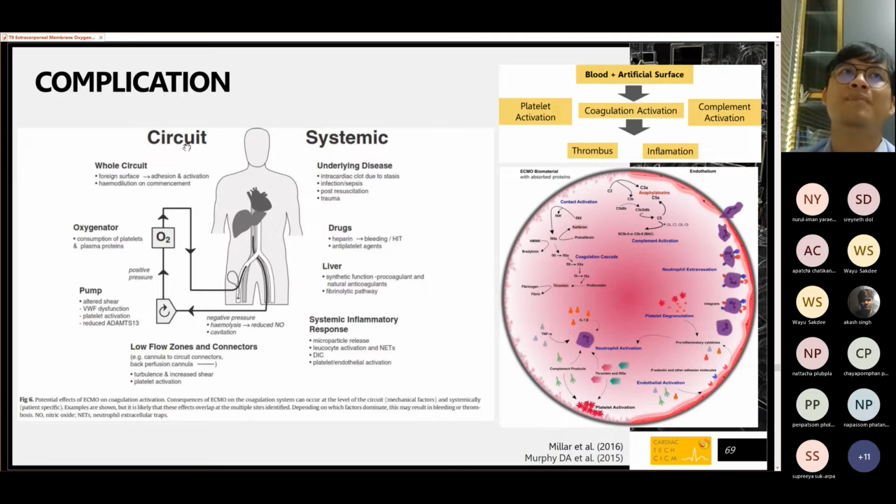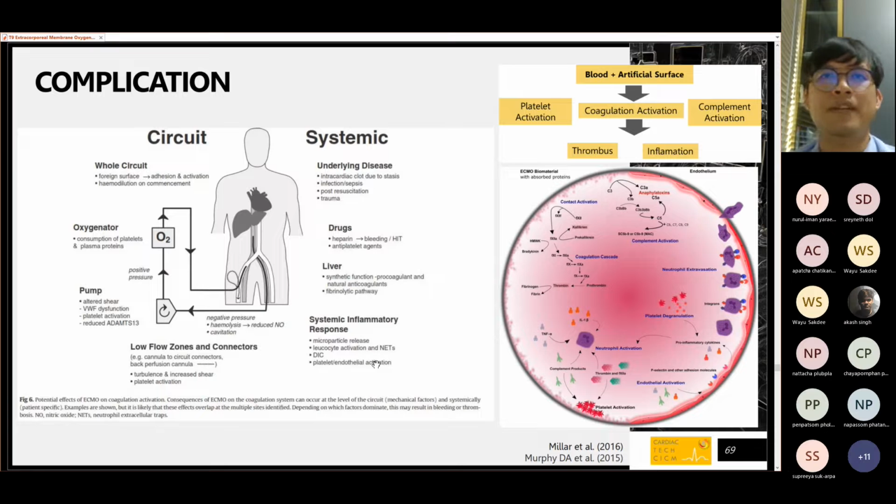Also, we have support by both circuit and systemic effects. The patient has underlying disease before being put on the ECMO. The kidney and the liver have much more workload because we have a lot of drugs, we have a lot of different flow.